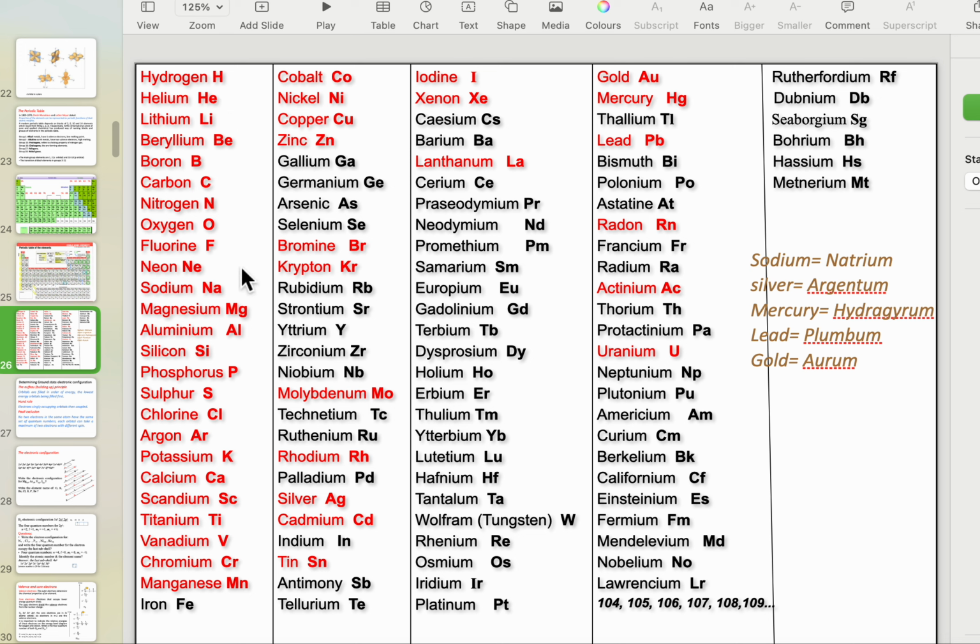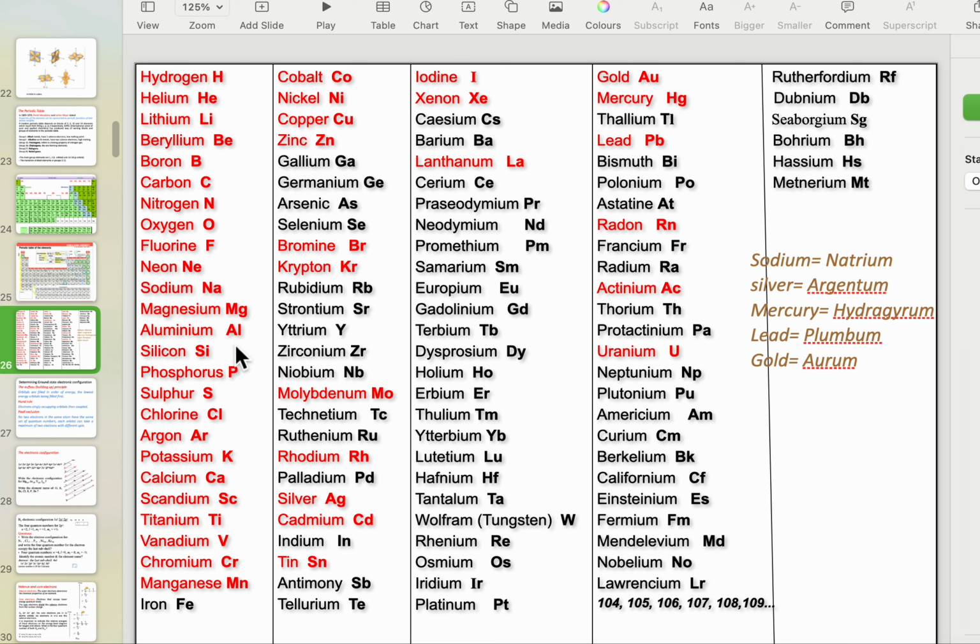But some elements are named or coded with the Latin name. Like if we see here, sodium is Na, it's not So. Na came from natrium, the Latin name of sodium.